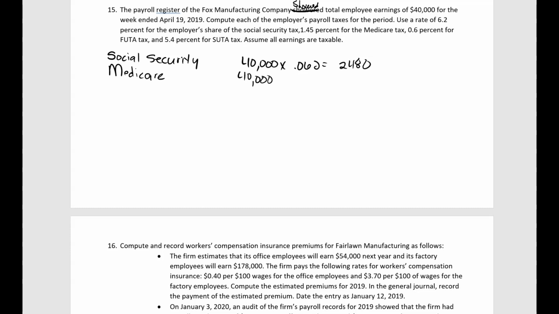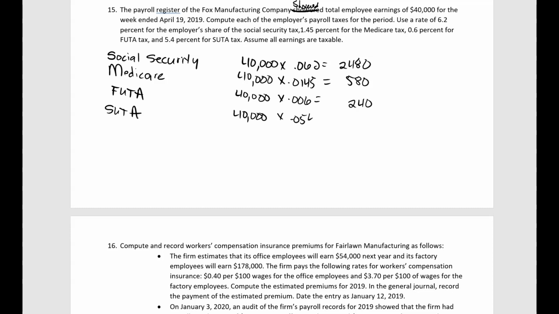Medicare, federal unemployment, state unemployment, so these are the amounts.